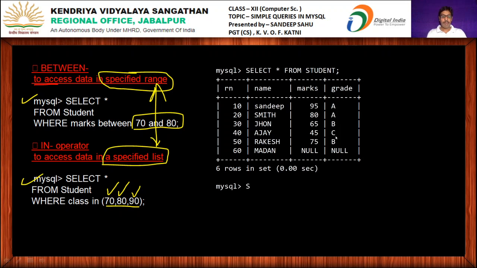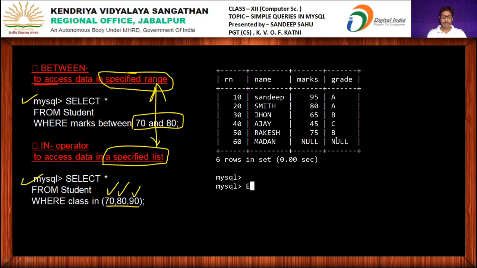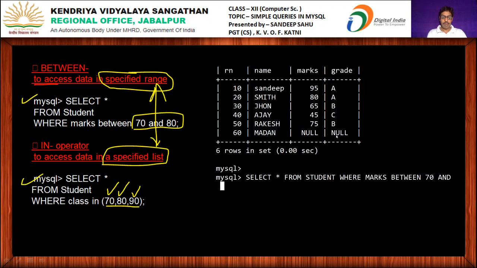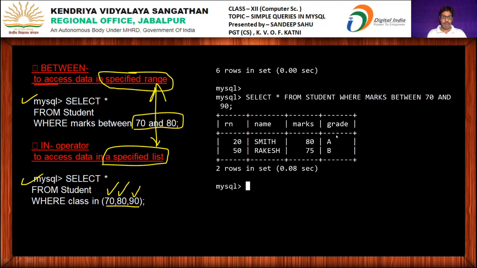For that purpose, I have to write select asterisk from student where marks between 70 and 90. So you can see two records are coming.